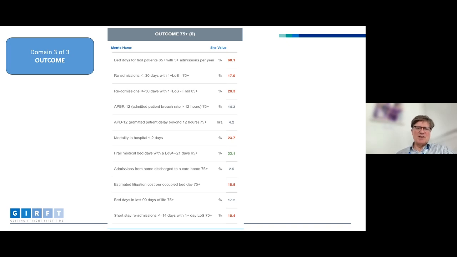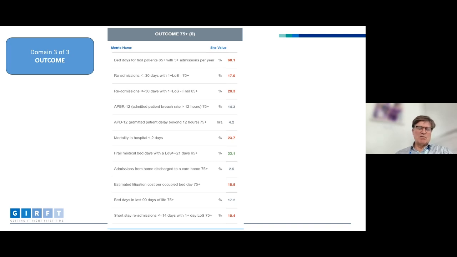But also, and this is a really central metric for those of you concerned with hospital flow, we've got the 12-hour delay. As I said, the current average in the NHS is 35% of older patients are waiting more than 12 hours for a bed. And beyond the 12-hour delay is then the time beyond 12 hours that is the average wait.